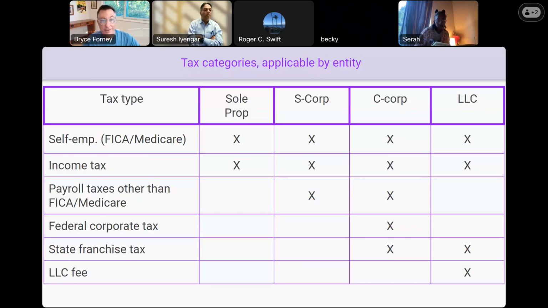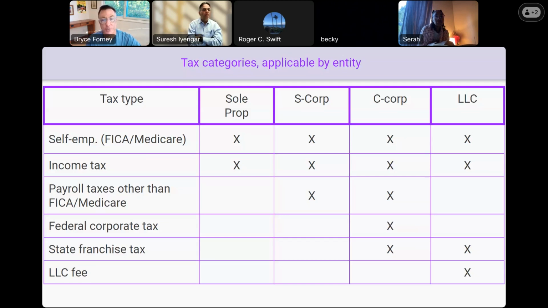I'm not that way, but I'm telling you, I think this is why this propaganda is out there and why I'm so eager to share the reality with numbers about what you're actually going to encounter. So no matter what entity, you're subject to self-employment tax and income tax.